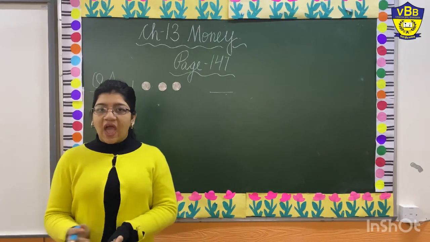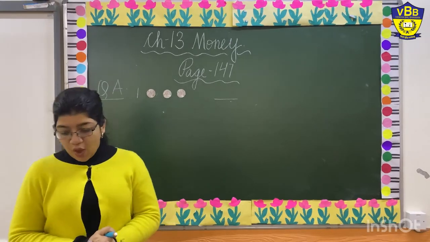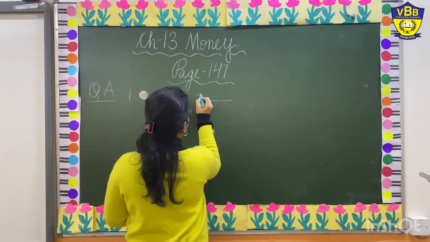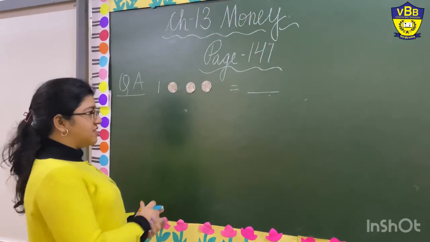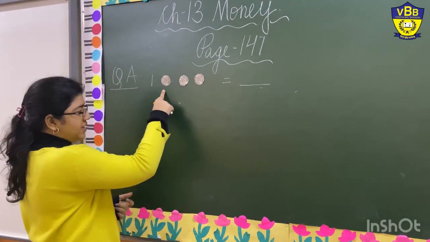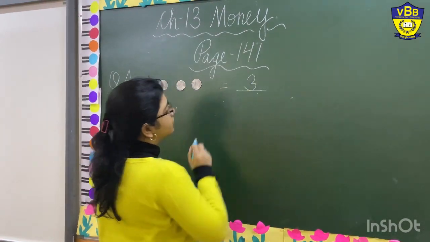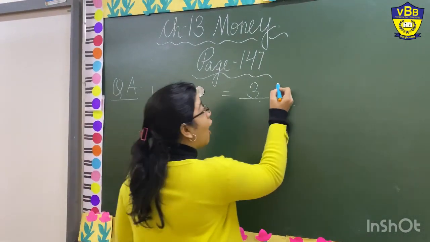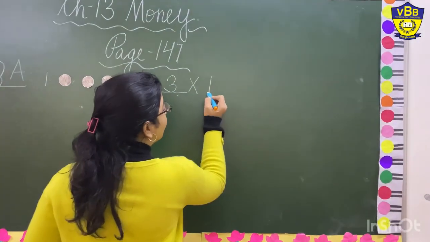What we have to do? We have to calculate the total amount of money. How many rupees are there? Yes, count with me. 1, 2, 3. 3 coins of rupees 1.